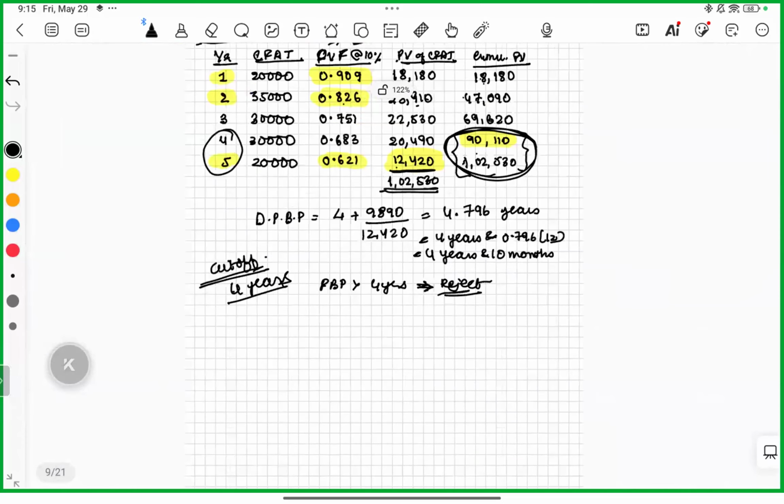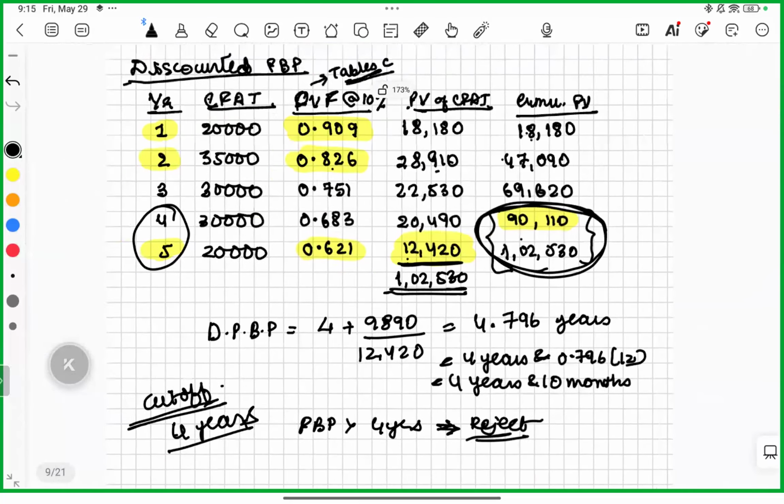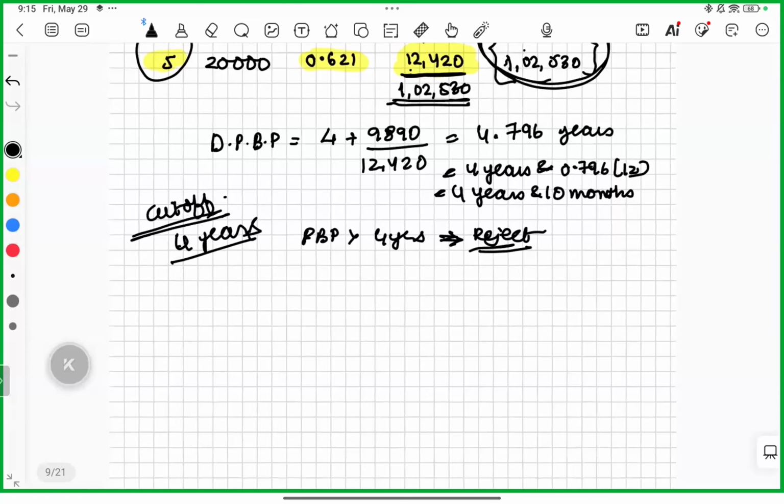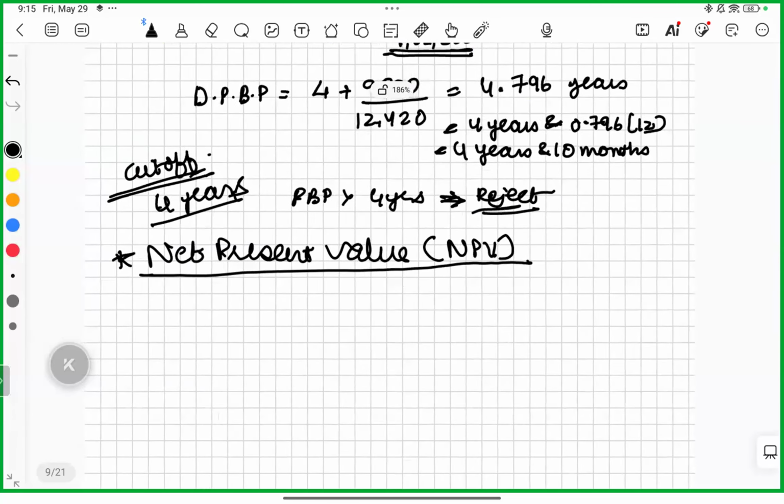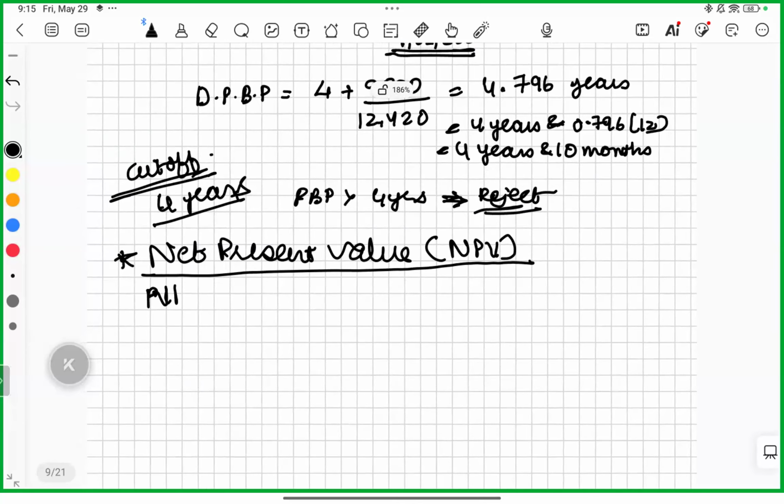Okay. Now from this table itself, what you can find out is the answer for your next technique. The next technique is called net present value or NPV. NPV is nothing but the sum of all present values of cash inflows, or future value of cash inflows, minus investment.